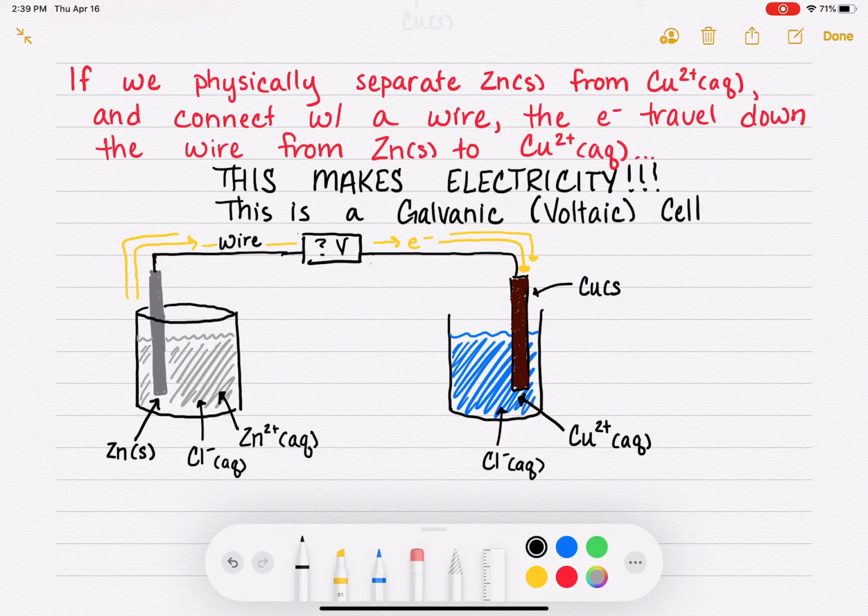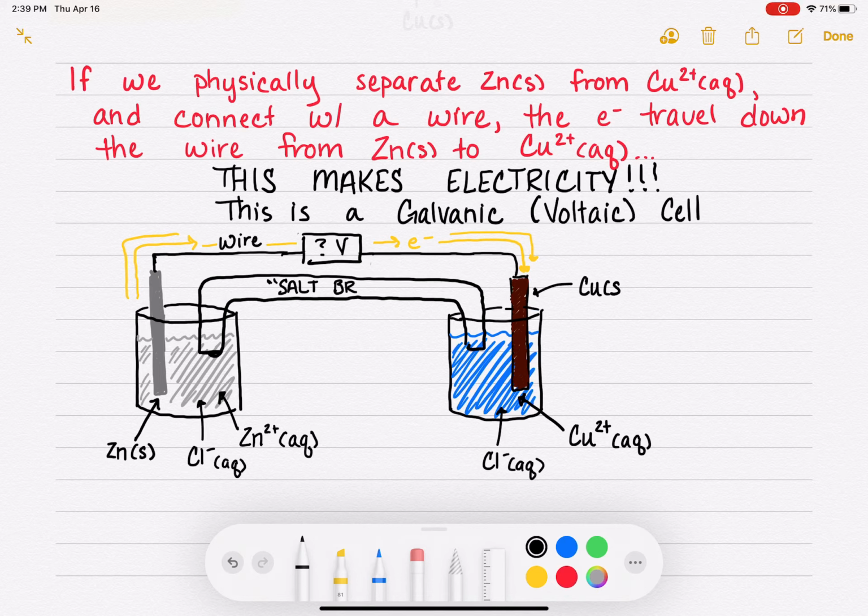So what we need to do to equalize this is to create what we call a bridge that connects the two cells again. So this is what we call a bridge. We call it technically a salt bridge.